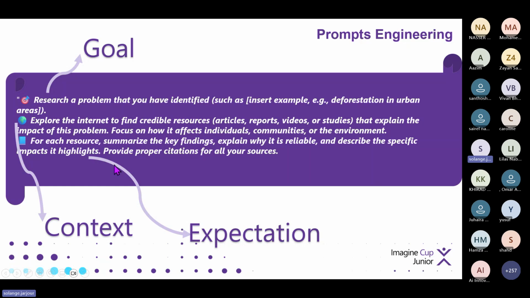Whenever you are chatting with AI, you have to specify the goal, what you are looking for. So for example, here, to support you in the project, you identified a problem, correct? Now we will go to ChatGPT to try to find more about the impact of the problem that you identified.